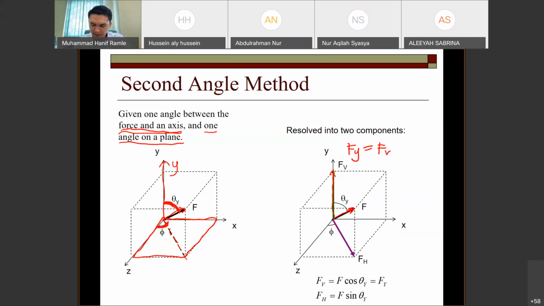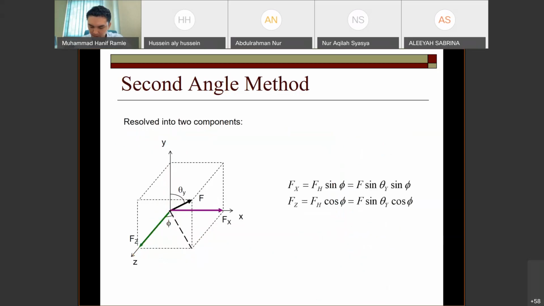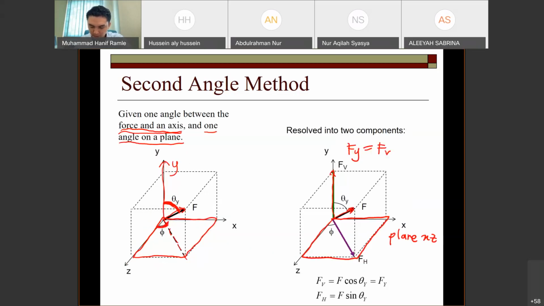Another component is on the plane, this xz plane. This is the additional component, which we denote as Fh. You can get it because you have theta y here.